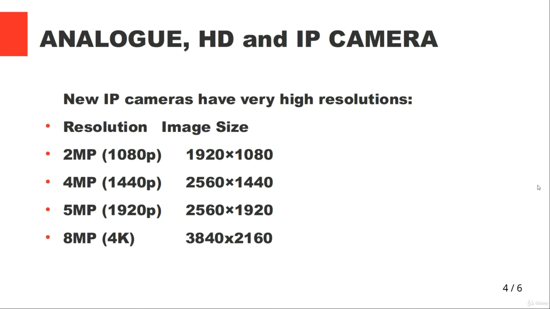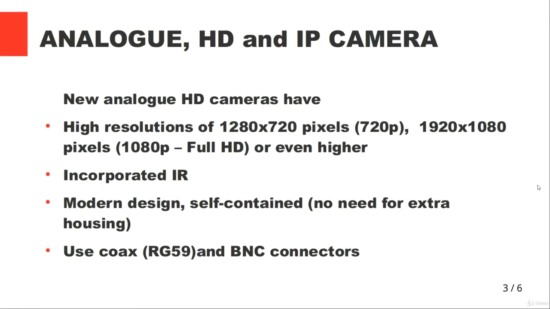As for IP cameras, the difference is mostly in transmission. In those HD cameras, the signal is not compressed in the camera. So it's a lot of data on that signal, and it's an analog signal in most cases.